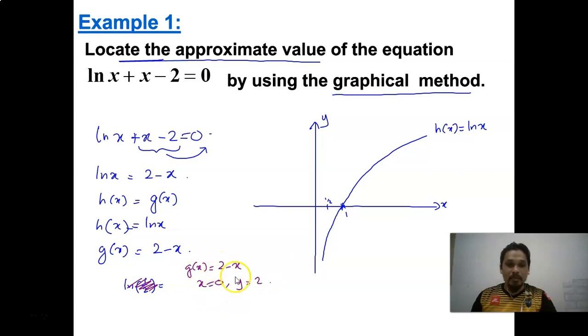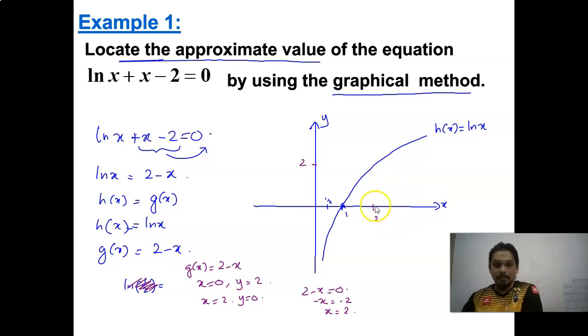When g(x) or y equal to 0, 2 minus x equal to 0, then negative x equal to negative 2, so x equal to 2. So the coordinates are x 0, y equal to 2, somewhere around here, and when x equal to 2, y equal to 0.